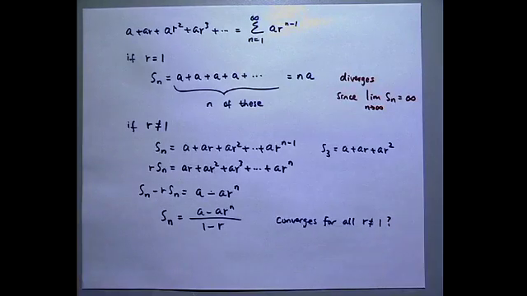Okay, then the question is, is that the only condition we have to meet? As long as r is not equal to 1, doesn't mean that this will converge. Think about that question. What do you think?